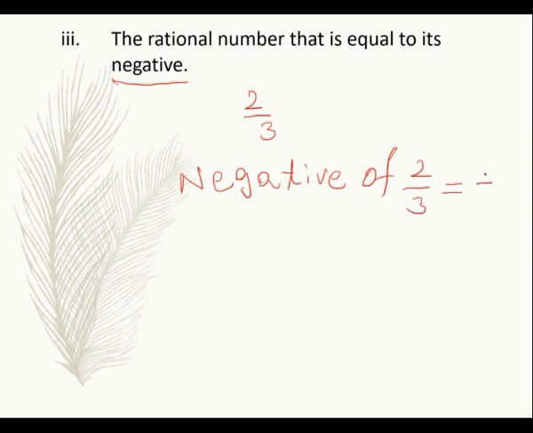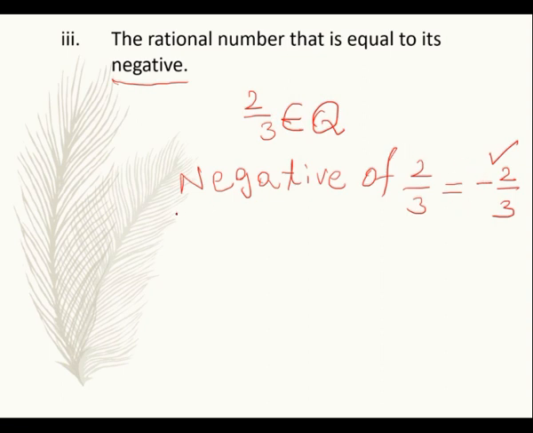What is image? Minus sign in front of that number gives image. That is, if you consider 2 by 3, right side of 0, it gives image of it as left side of 0. To show the left side, I am using minus sign. So negative of any rational number is also a rational number.